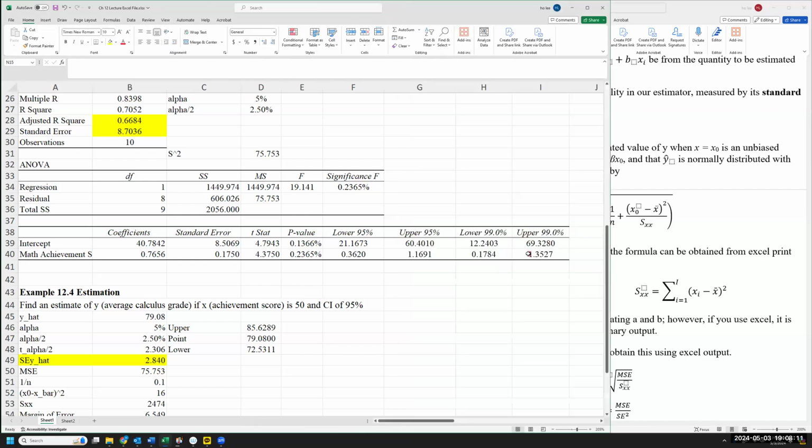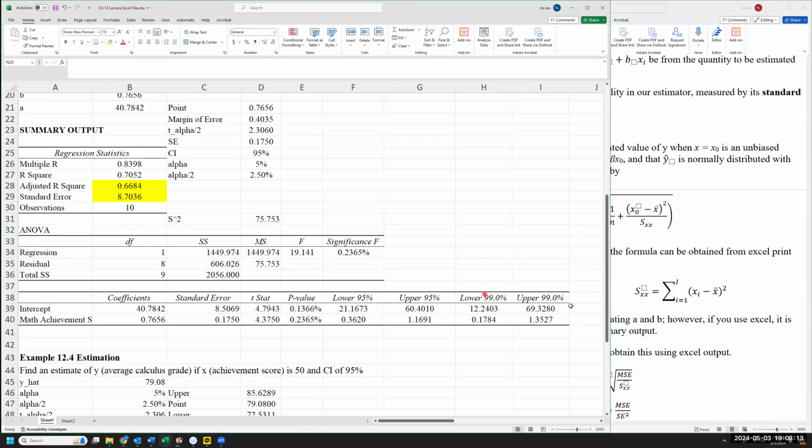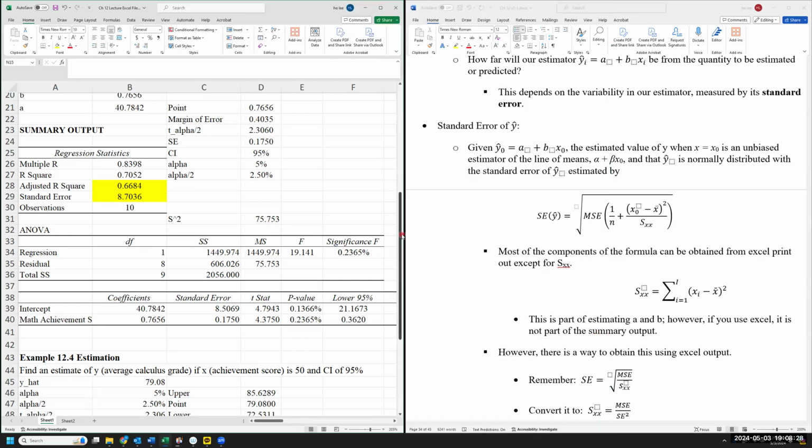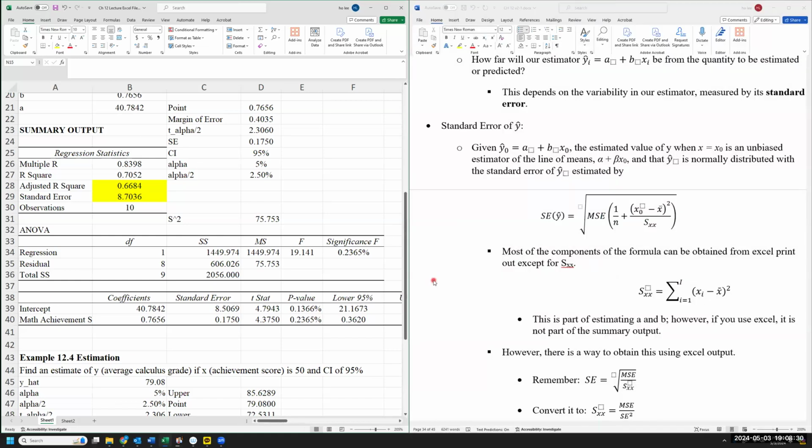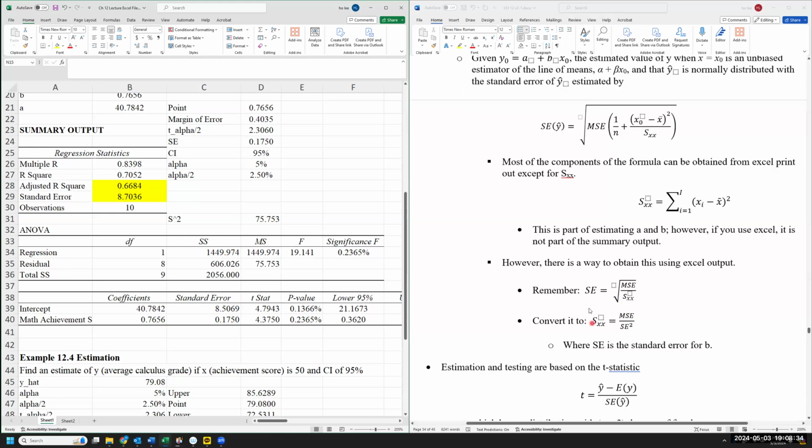This regression result that gets spit out by Excel doesn't explicitly show capital S, X, X. However, that can be obtained from the information here. Specifically, remember the standard error is equal to the square root of MSE.